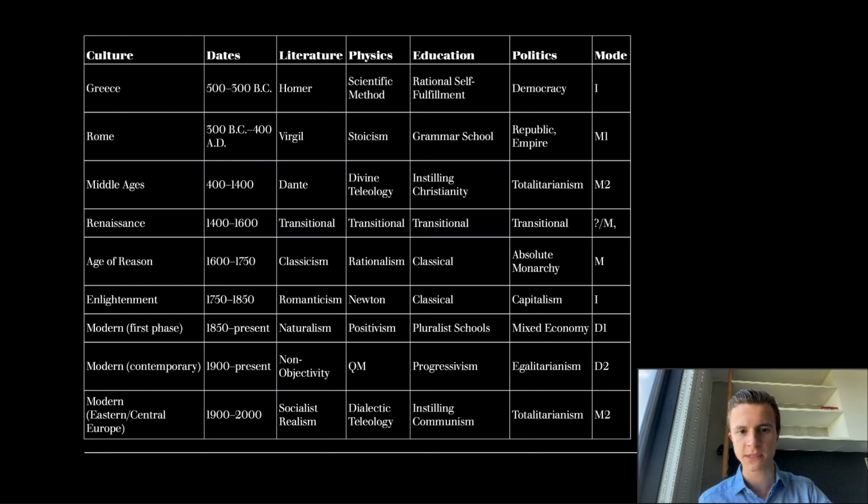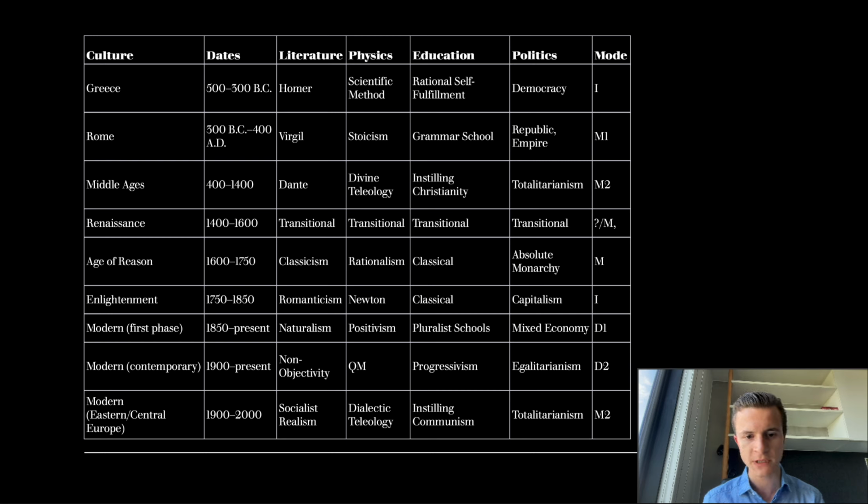Education was not about the self and about being rational, but about instilling Christianity. And of course, the politics was totalitarianism. Now, what's interesting is if you look at the Middle Ages as a culture and Eastern and Central Europe, the very last row, there's a very strong similarity.